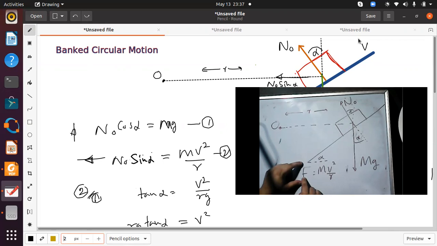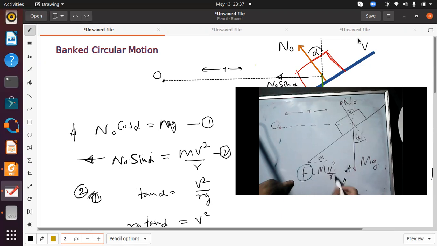Additional forces are required. Now, if no frictional forces are there, to maintain the motion, this is constant, so you cannot have any additional forces. If friction force is not there, that means if V increases, R should increase as well.